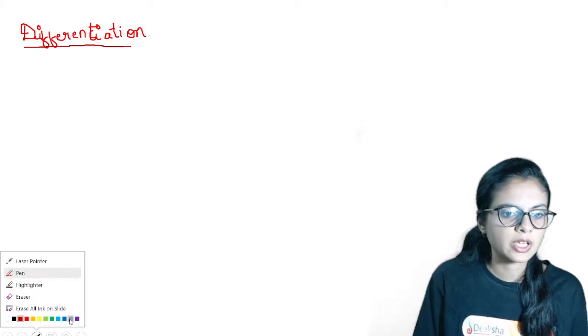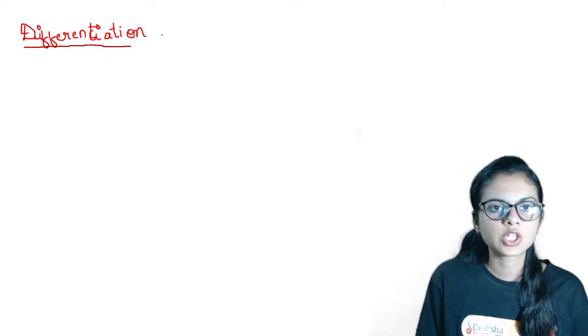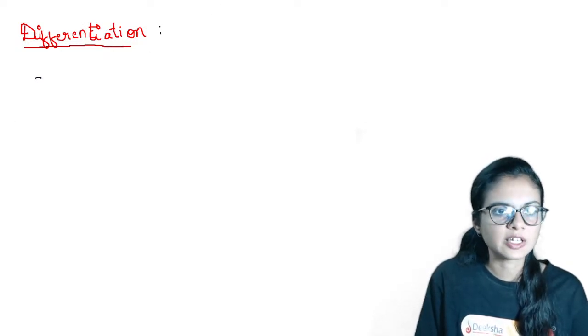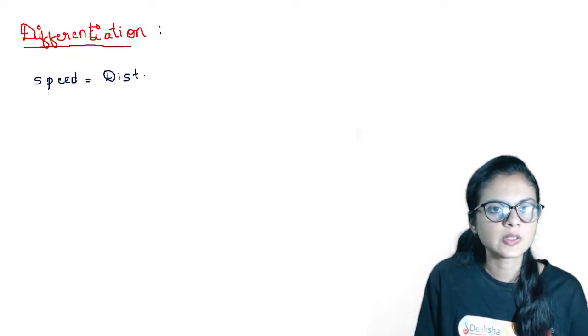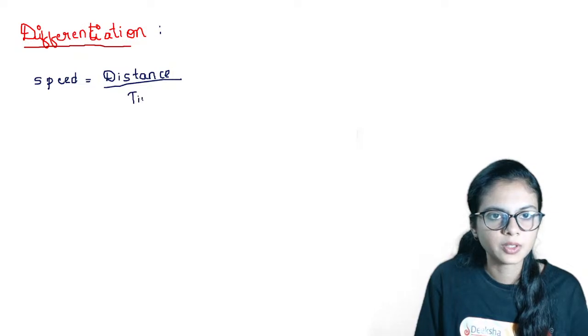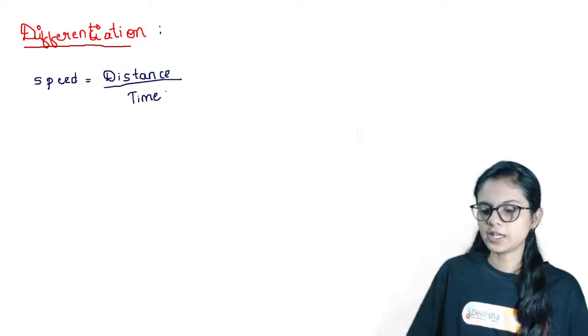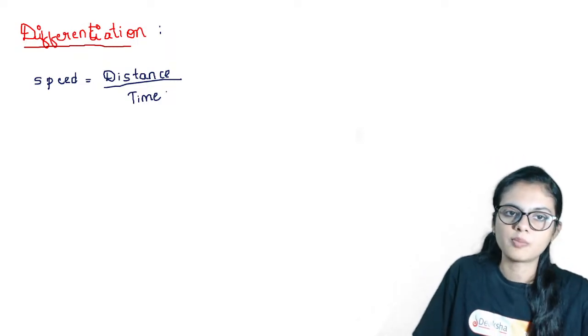So we were speaking about the speed, right? If I want to calculate the speed of any vehicle, I'll just take the distance covered by it, distance by time, right? If I do distance by time, I'll get the speed of that object.